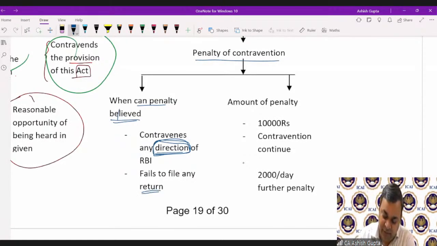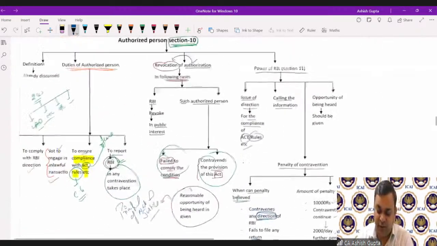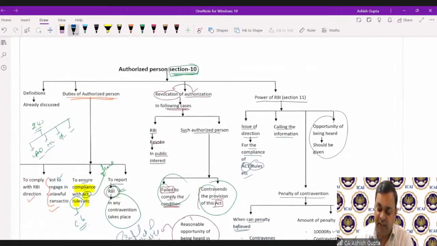Or if they fail to file the return, then also a contravention has happened. In that case, there is a penalty, and the penalty is rupees 10,000. If the contravention continues, 2,000 rupees per day as a further penalty can be imposed, right? But before imposing any penalty, again the principle of natural justice applies. You need to provide the opportunity of being heard.